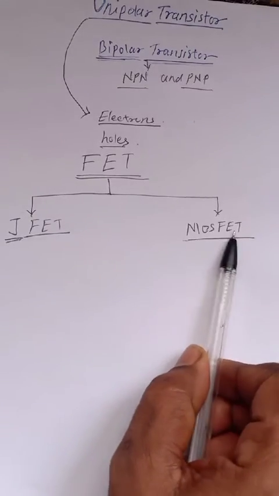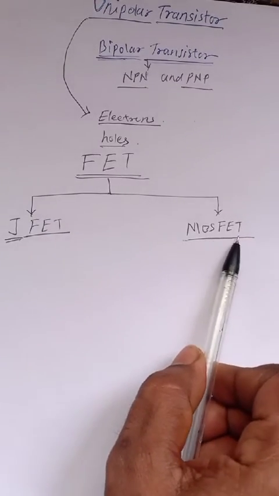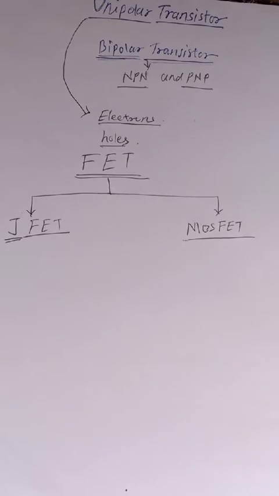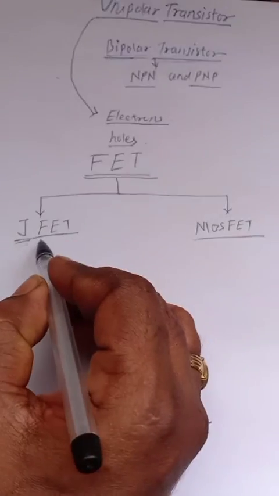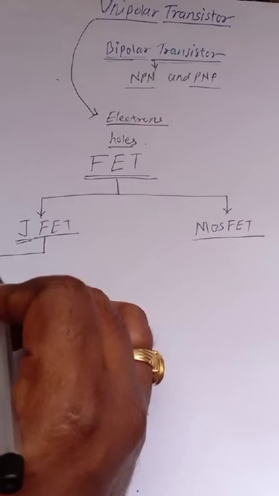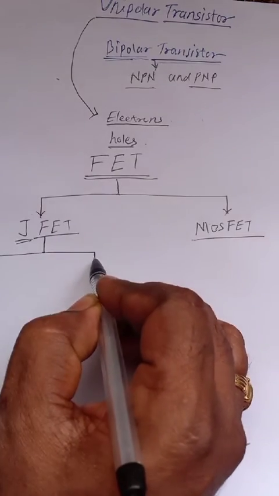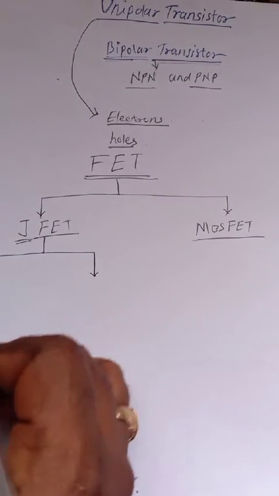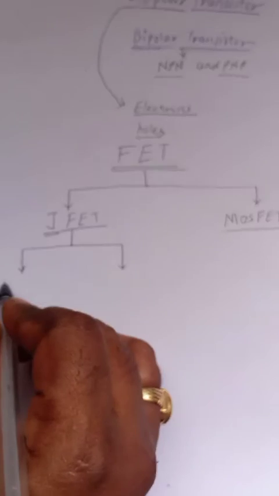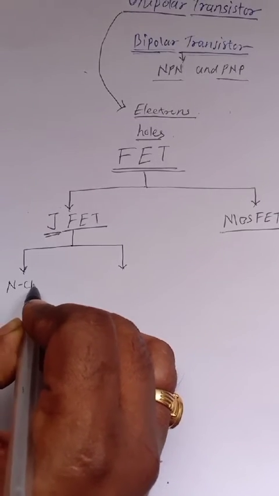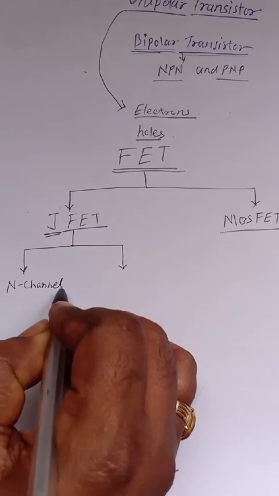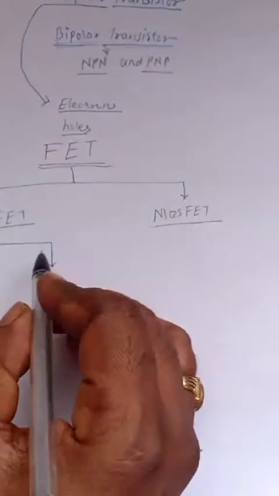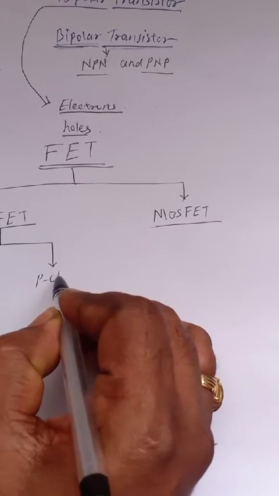And this one is the MOSFET, metal oxide semiconductor field effect transistor. This JFET is divided again into two categories. The first one is N channel and the second one is P channel.